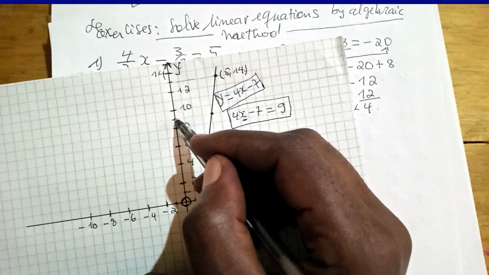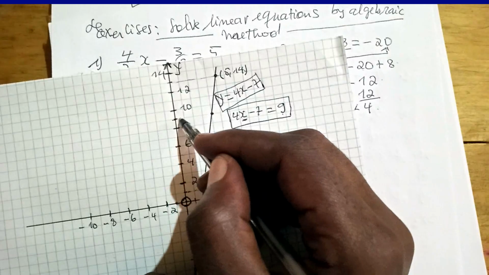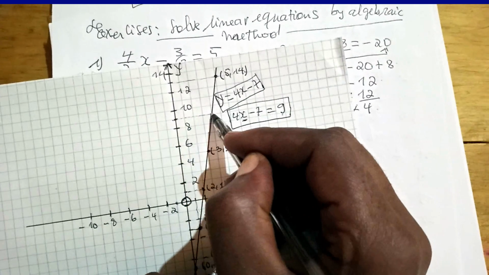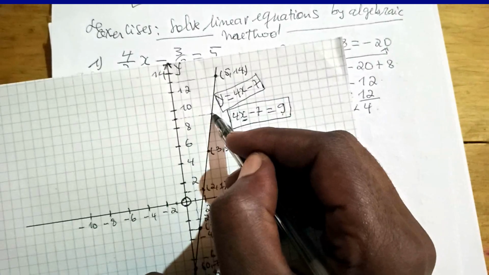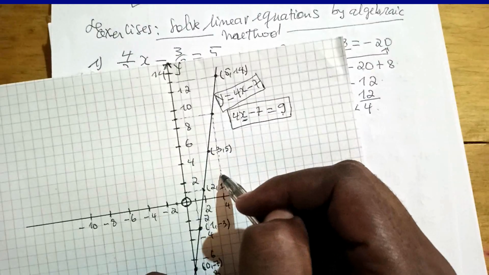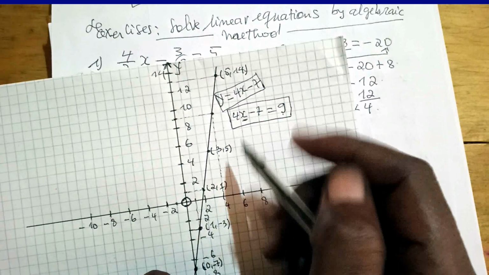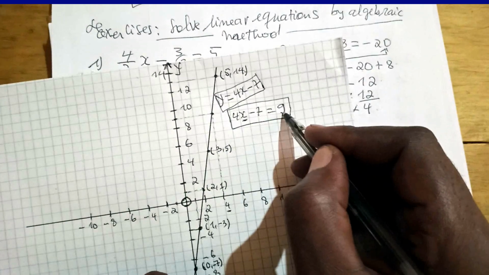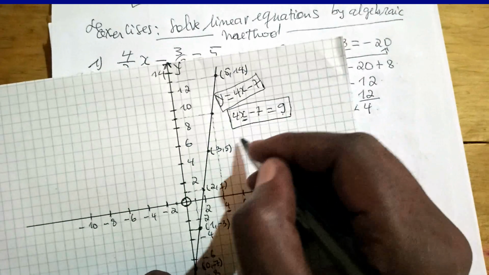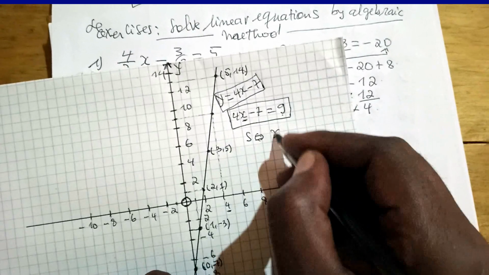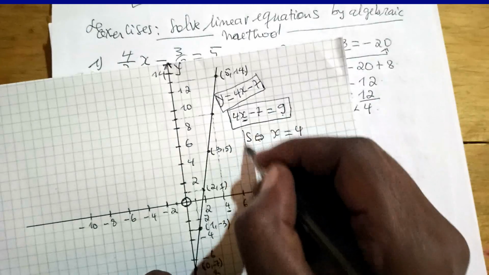Let us find the value of x at this point. We take this 9, attach it on the line, and then we find what the value of x is. Oh, we have seen the value of x is equal to 4. It means that when y is equal to 9, x is equal to 4. The solution is x equal to 4.